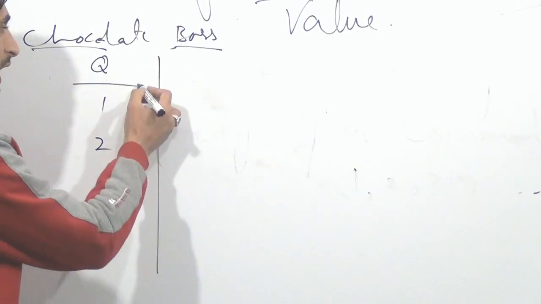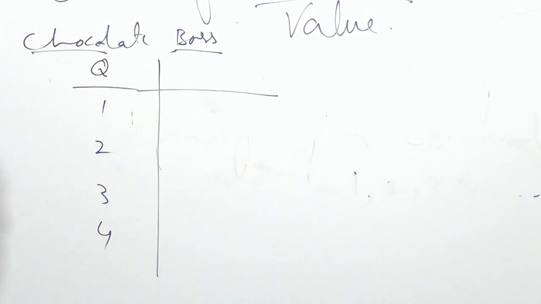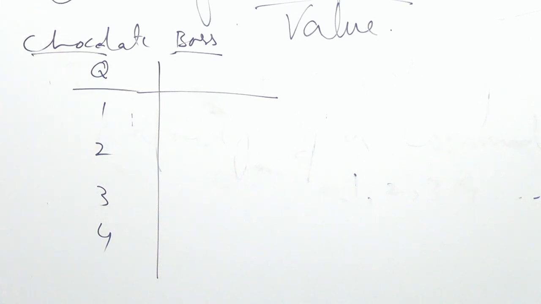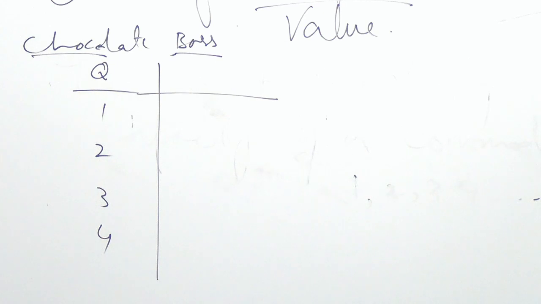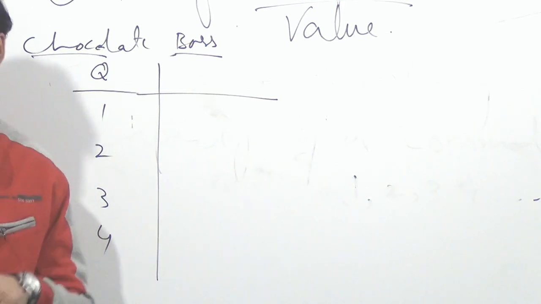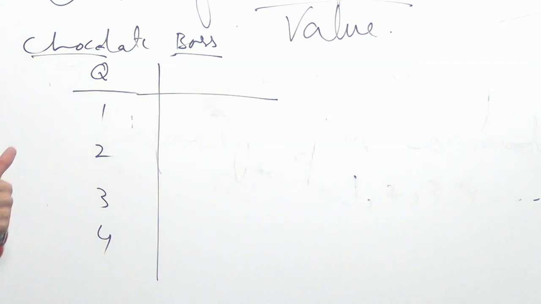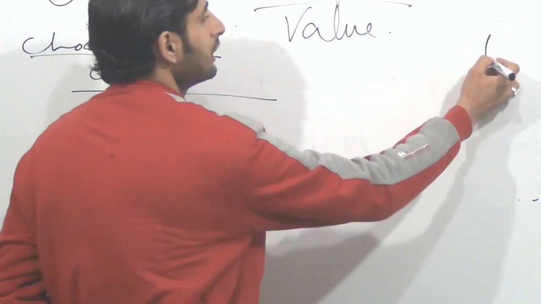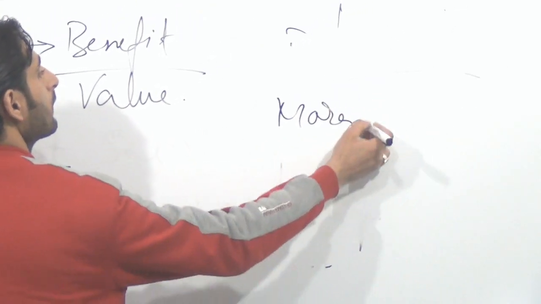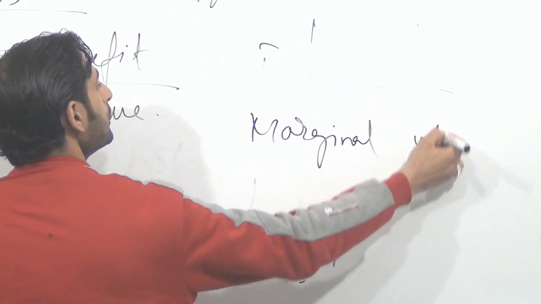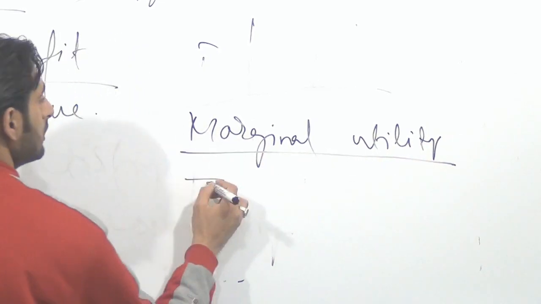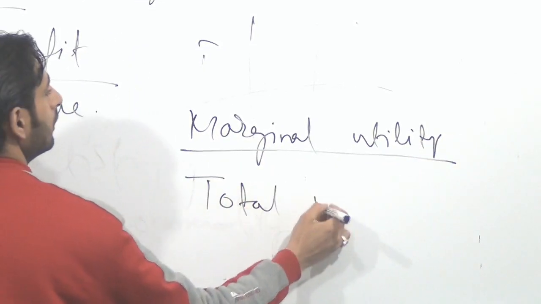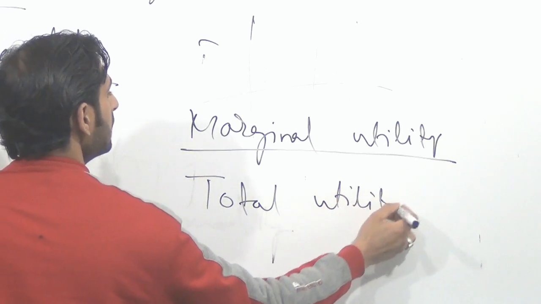The second thing I am going to discuss here is the utility derived from consuming each and every successive unit. This will be discussed in two basic concepts. Number one is the marginal utility, and second is the total utility.